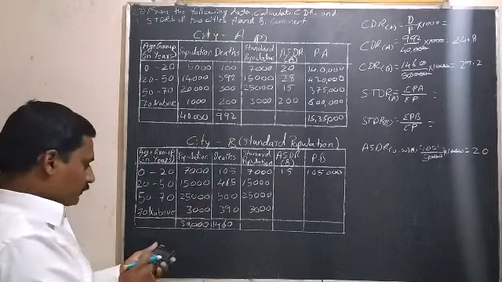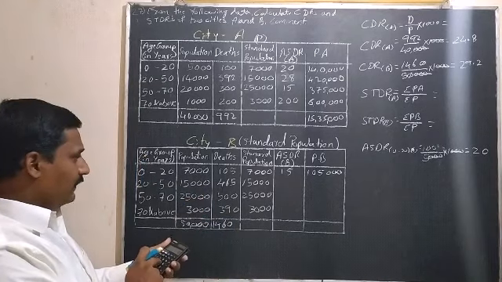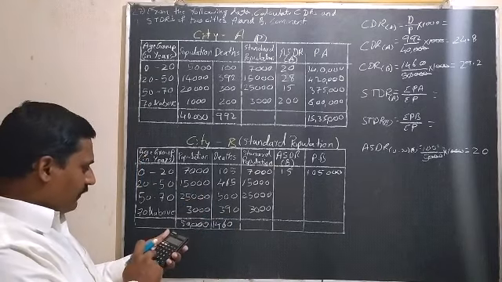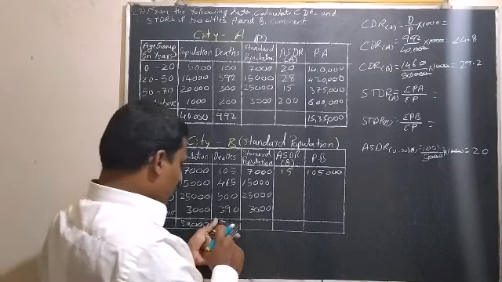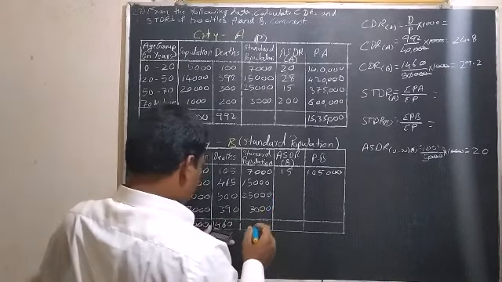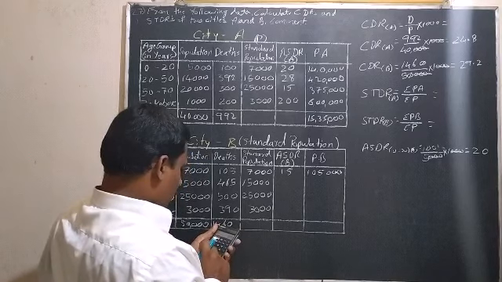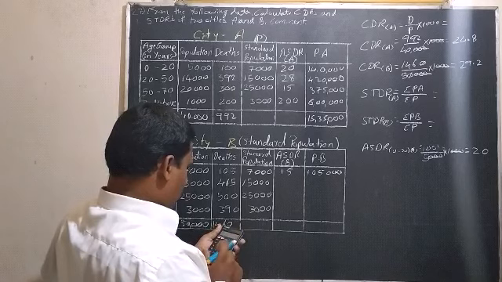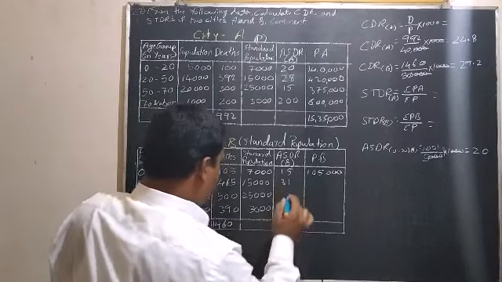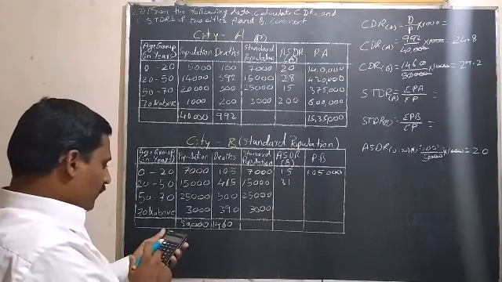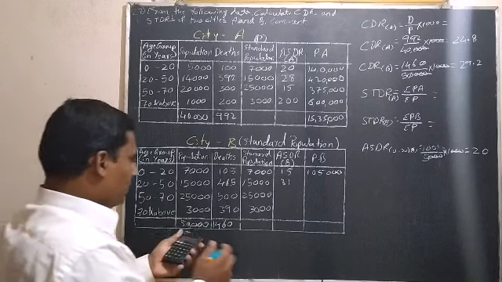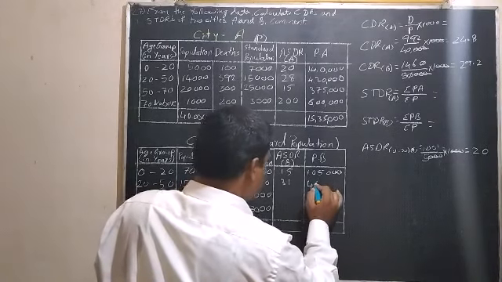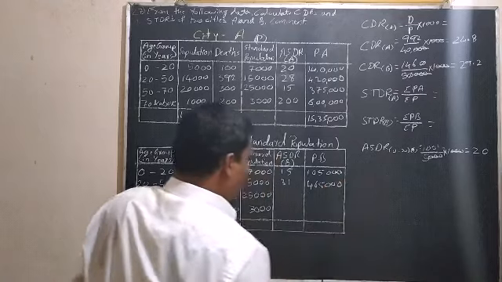And the second one, 465 divided by 15,000 into 1000 is 31, and 31 into 15,000 is equal to 4,65,000.